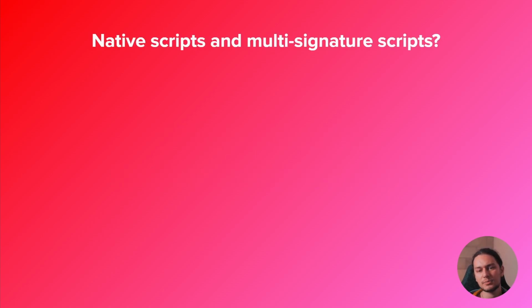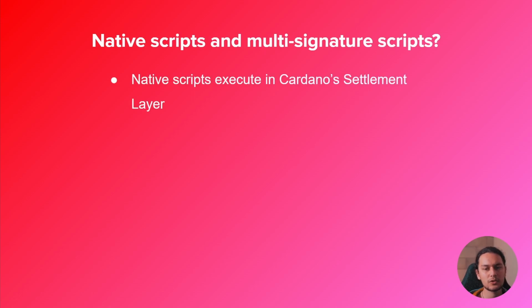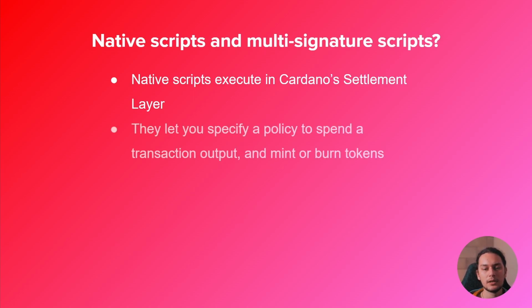So, native scripts and multi-signature scripts. What are they? Well, native scripts execute in the Cardano settlement layer. So when all transactions come together to be settled and verified and put onto the blockchain, that's where it gets executed. And it lets you specify a policy to spend a transaction output or mint or burn tokens, give or take whatever it is you're doing.